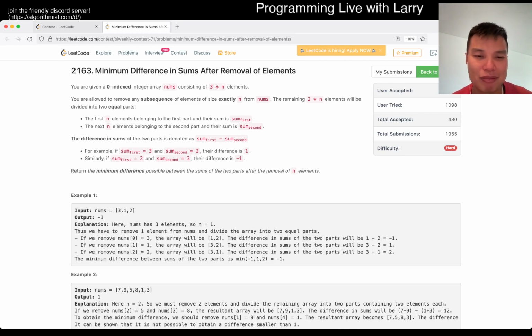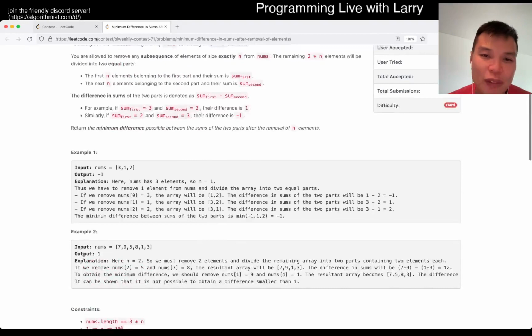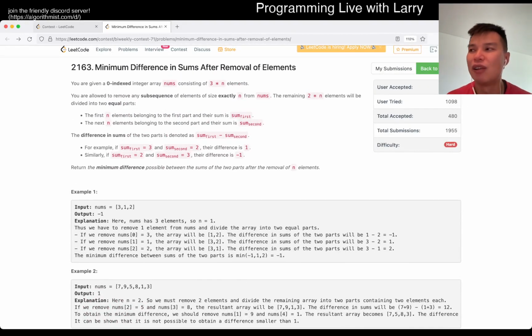I was like, oh, actually, we just want a very specific thing. Basically what this is saying is that we want to select n numbers, max n numbers from the first portion, and we also want to take the minimal numbers from, okay, let me step back for a second.